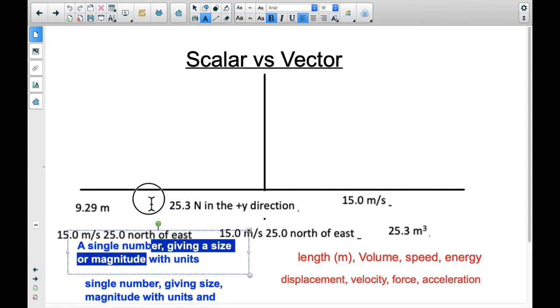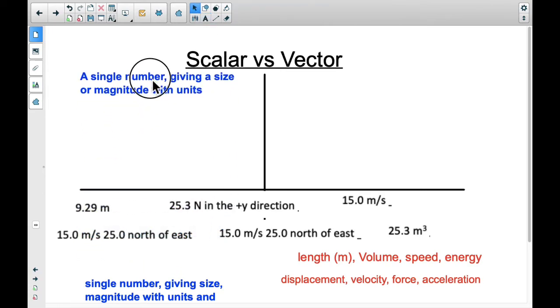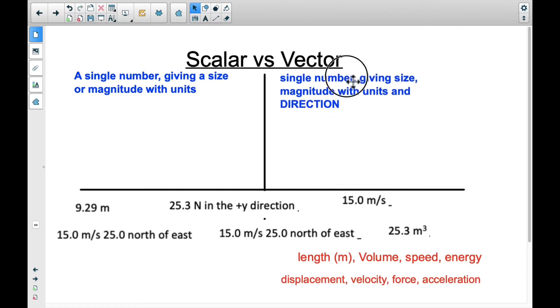But let's start with this one, a single number giving a size or magnitude with units. If it's just a plain old number, that is a scalar. Now, it might have units with it, and it should have units with it, but it's still just a number, like 10 meters or 13 seconds. However, if that number then has direction to it, then it becomes a vector.